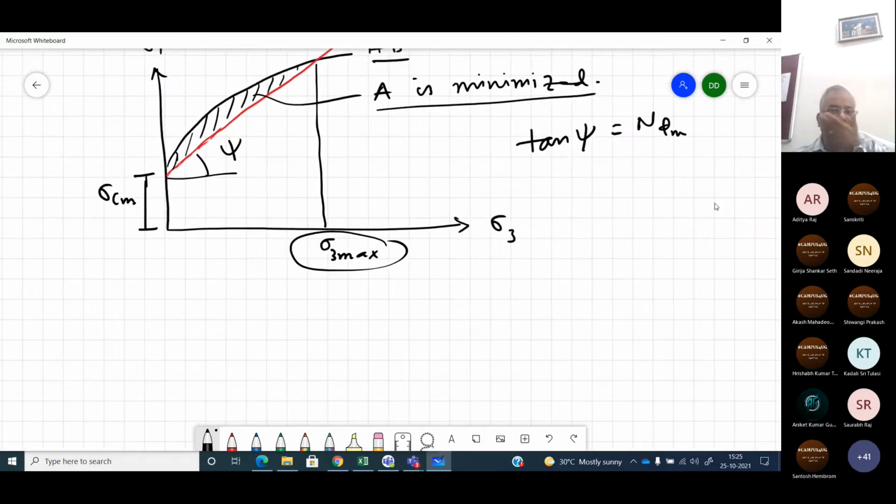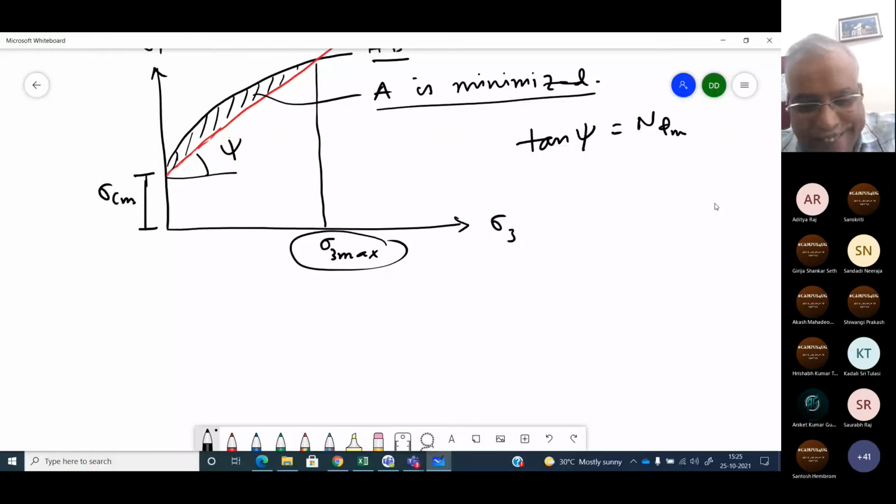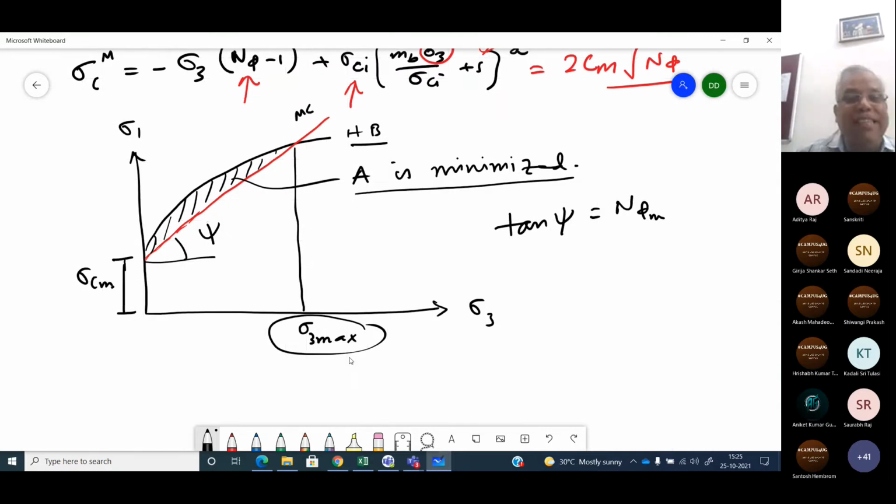Excuse me, sir. If you draw a tangent on the curve, then the area between line and curve will be 0. In that case, the area will be minimized. No. See, a particular sigma 3 max is given.